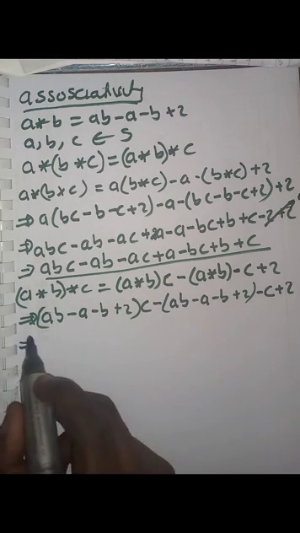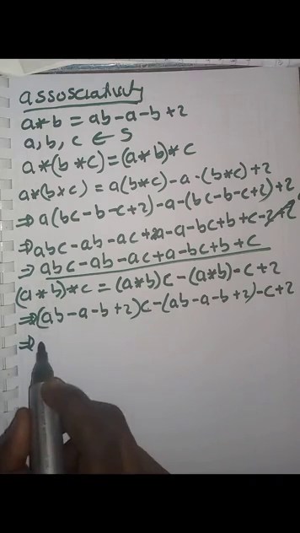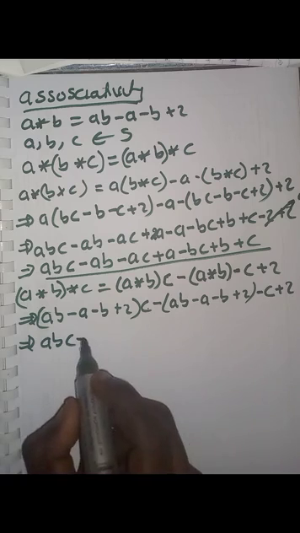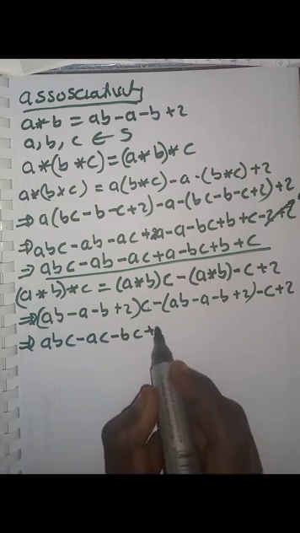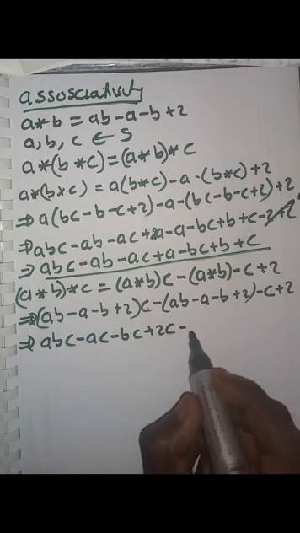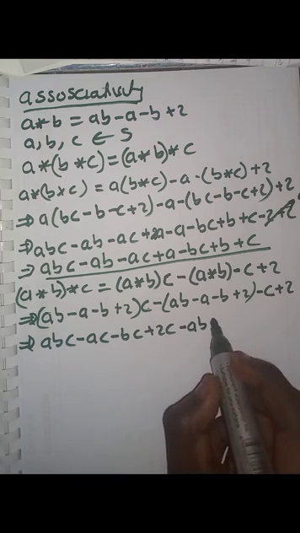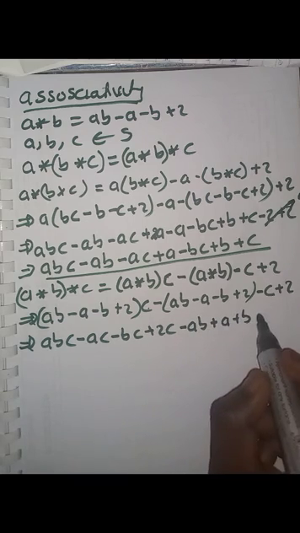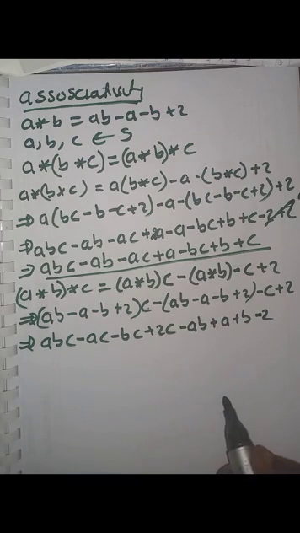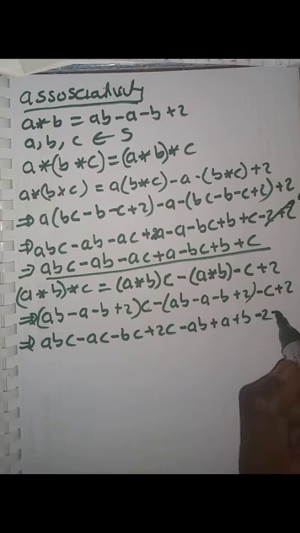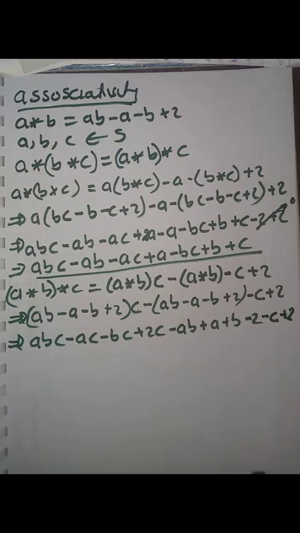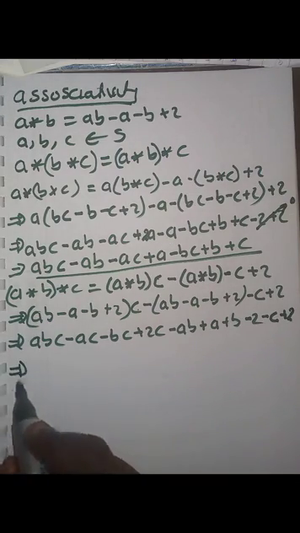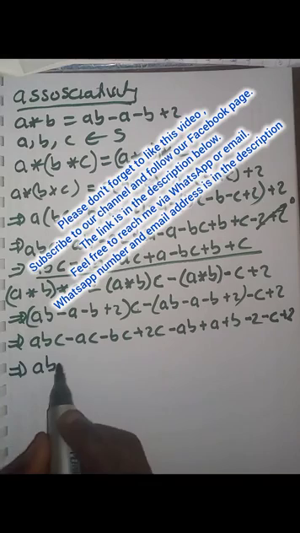So this guy now turns out to be, we open up the bracket, we're going to have ABC minus AC minus BC plus 2C minus AB plus A plus B minus 2 minus C plus 2. Great. I'm sorry the 2 is not too visible, but at least you can see now. Therefore, we can simplify this one further as ABC.